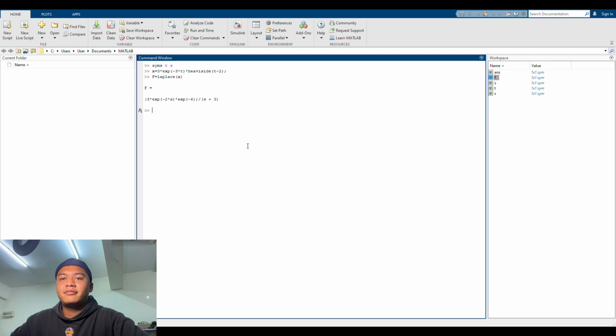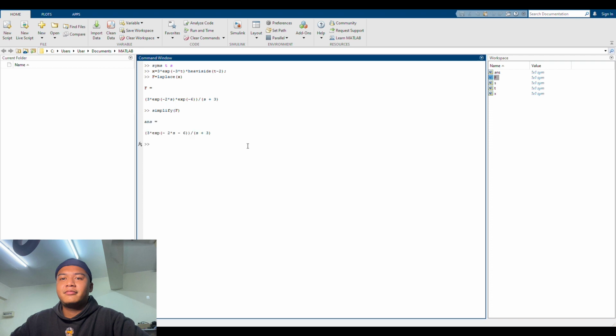So from this coding, I get the Laplace answer is 3 times exponent power of negative 2 times s times exponent negative 6 over s plus 3. Then from this Laplace equation, I simplify this equation. So I put simplify f. That means this coding simplifies the Laplace equation.